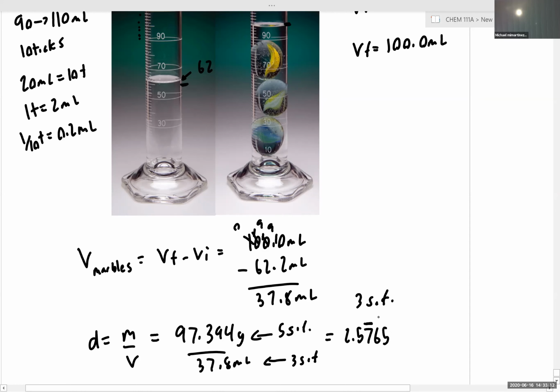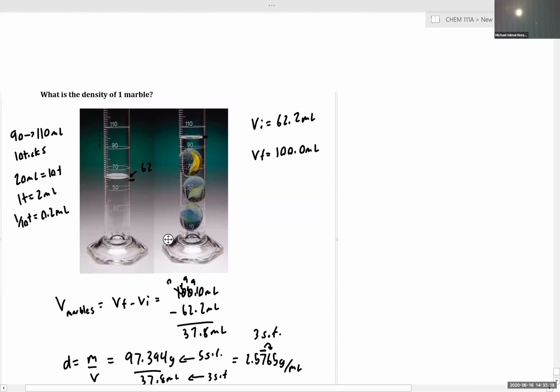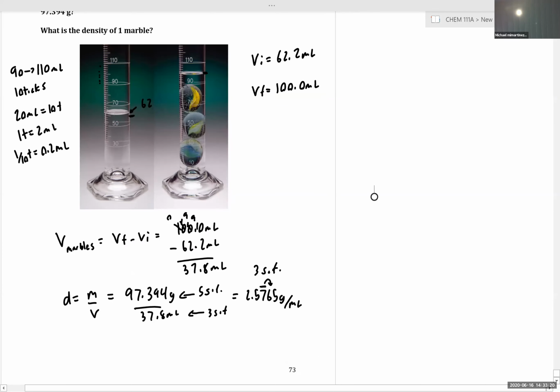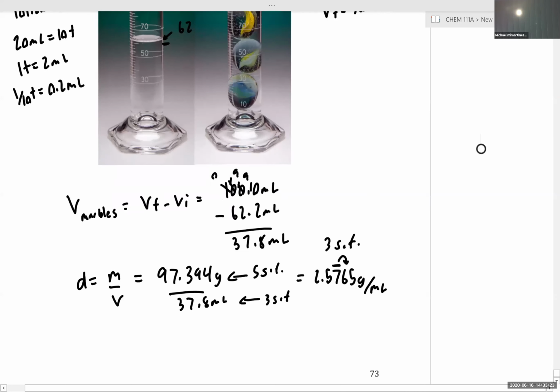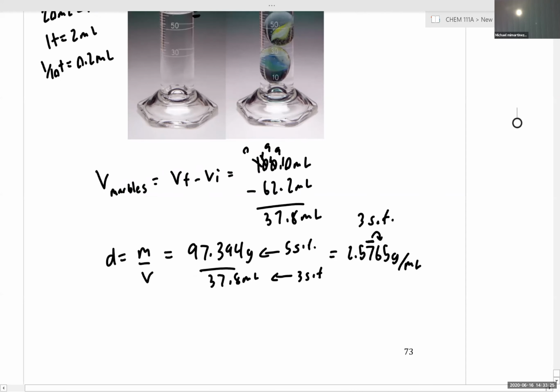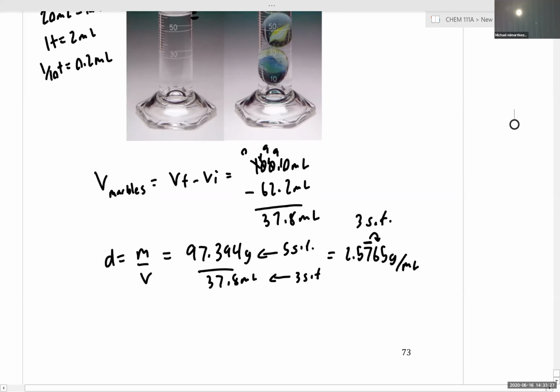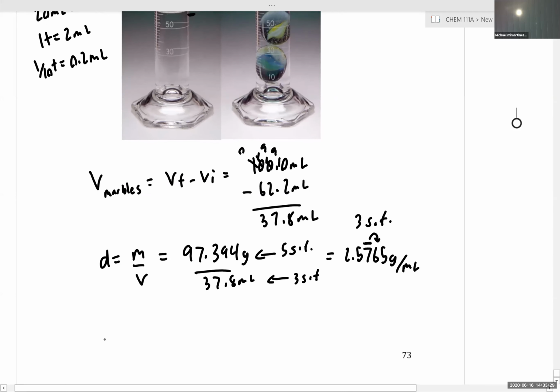We look at our third significant digit, and we look to the right. 6 is obviously greater than 5, so we round up. So that gives us a density of 2.6 gram per milliliter for 3 marbles.